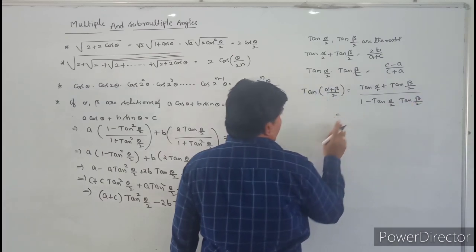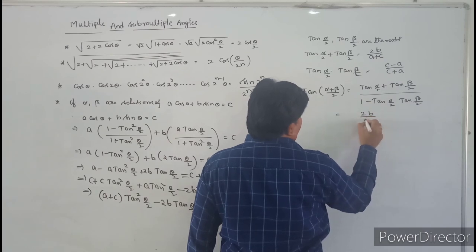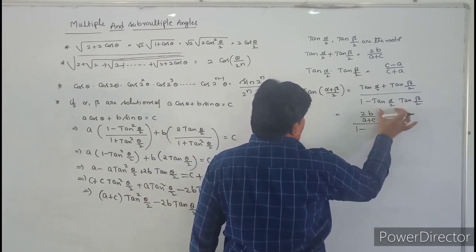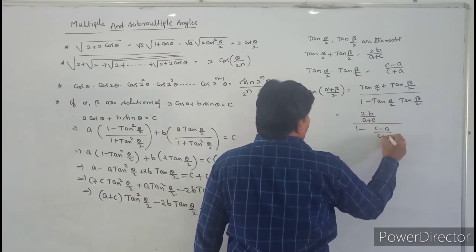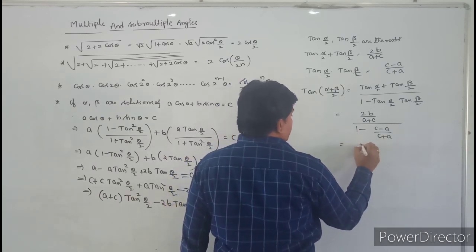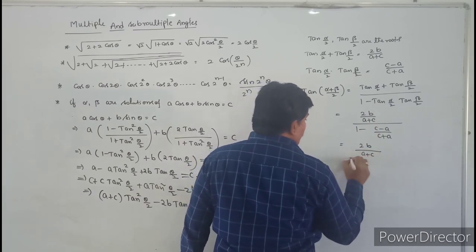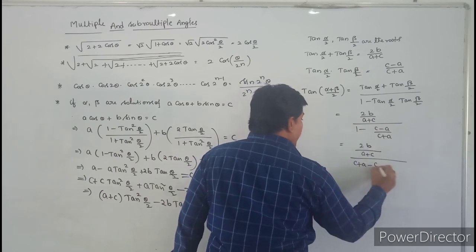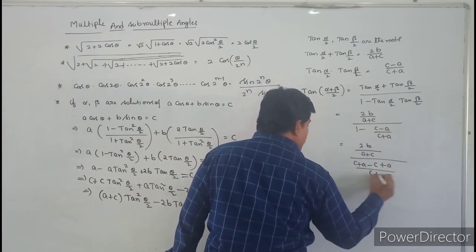So that is nothing but tan alpha by 2 plus tan beta by 2, which is 2b by a plus c, by 1 minus tan alpha by 2 into tan beta by 2, which is c minus a by c plus a. So take the LCM, students. What happens? That is nothing but 2b by a plus c, whole by, take the LCM, c plus a minus c, minus of minus, it will become plus a, by c plus a.